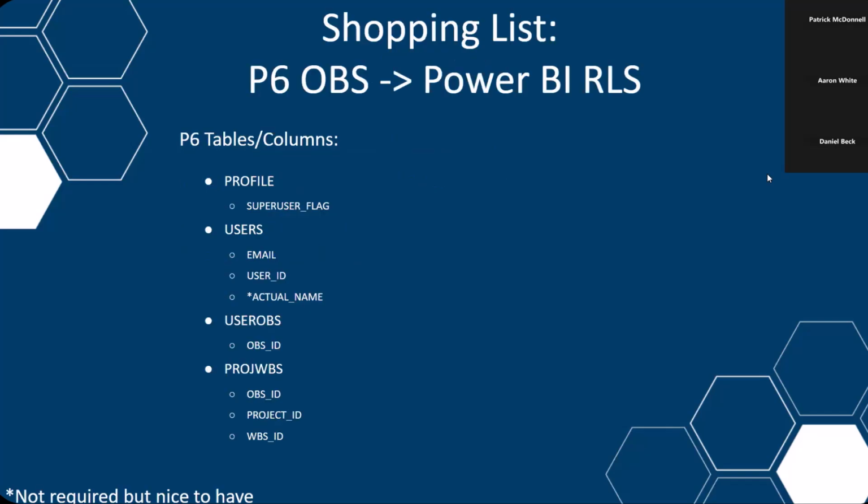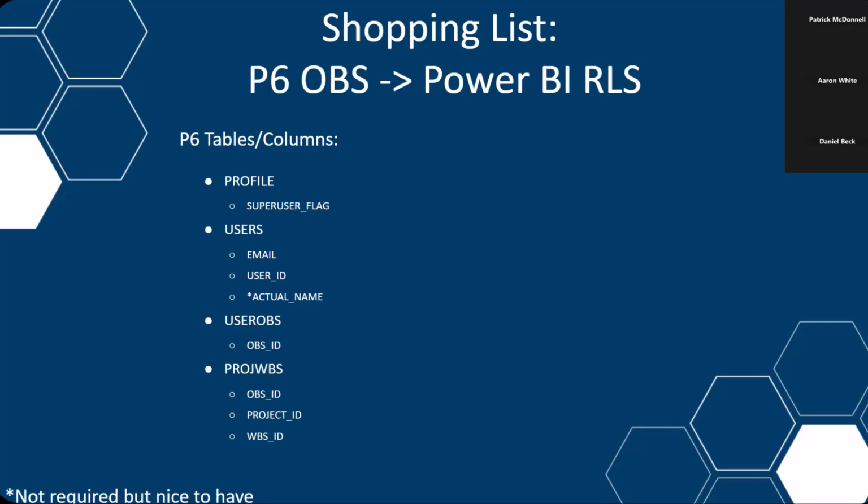So right here, we have our P6 tables as well as the columns that are necessary to set up our row level security. First, I'll say that these first three, so profile, users, and user OBS, are a must-have. Now this proj WBS is more something we call a bridge table. If you're familiar with dimension tables, it's similar to that.